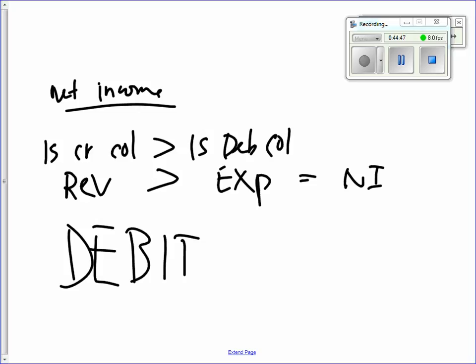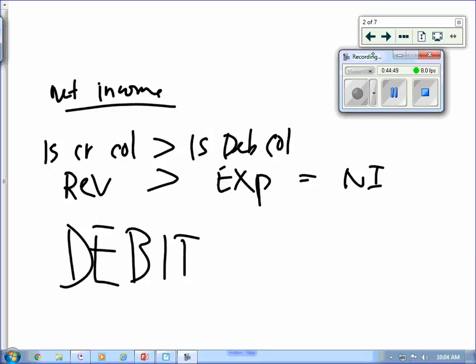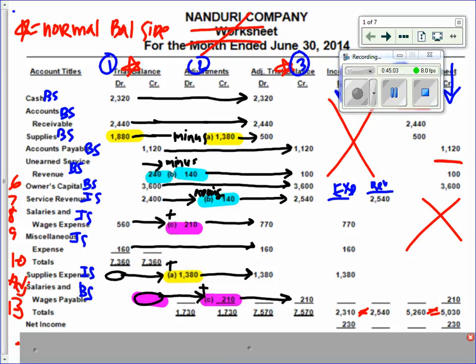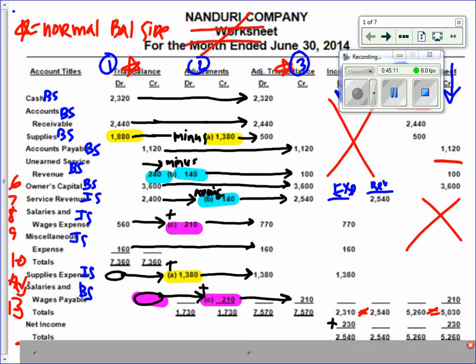Let's go back. So back down here, our revenue definitely exceeded our expenses, or our credit column definitely exceeded our debit column. So on line 14, we'll find the difference because we want these two to equal on line 15.